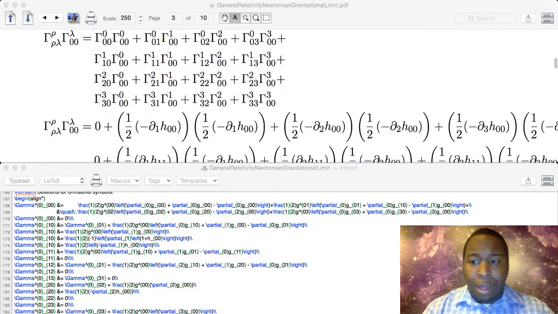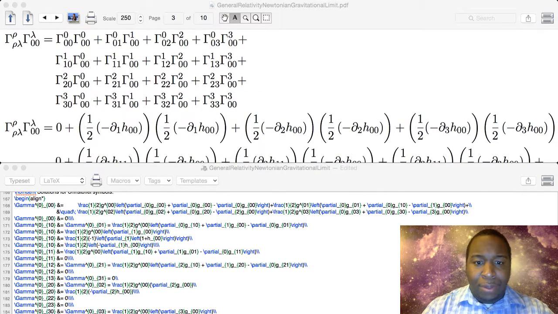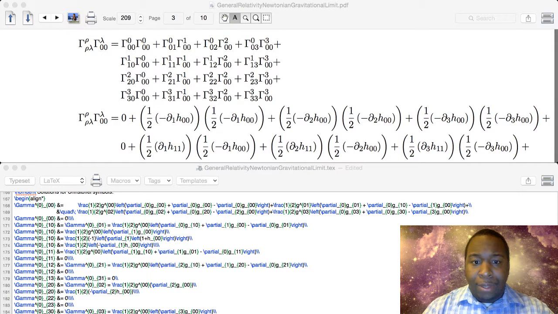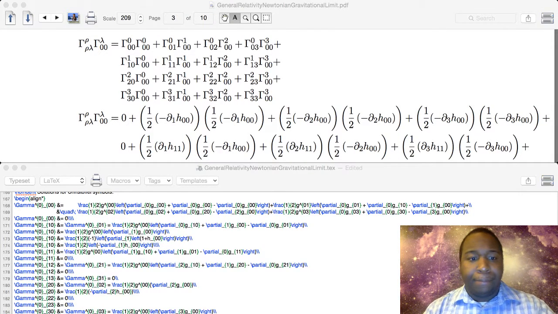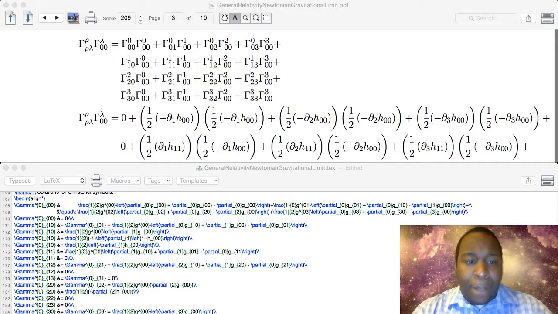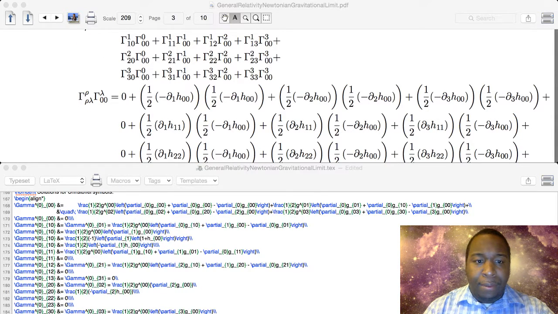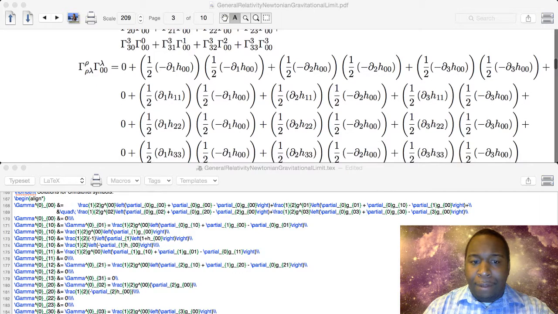I want to make sure that I did this right, so let me zoom in a little bit so we can see everything. Let's see if my face might be blocking. No, it's not. Perfect. All right. Basically we're just going to end up substituting in what our gamma values are. I've done that here. This is the part of the math where you just have to make sure you're keeping track of everything.